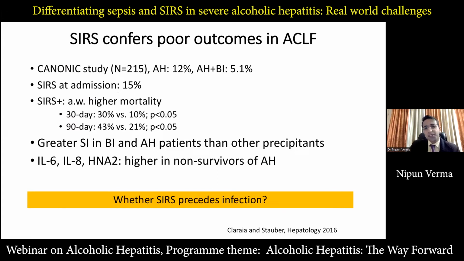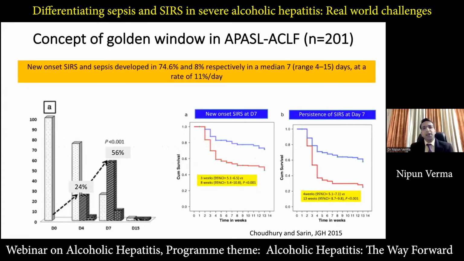So does this systemic inflammation precede the infection? The answer was given by an elegant study by Dr. Sarin's group, where they studied patients with APASL-ACLF without any prior decompensated chronic liver disease. They followed up these patients, who had no SIRS at baseline and fit the definition of APASL-ACLF, and found that over a period of 7 days, around 56% of patients developed SIRS.